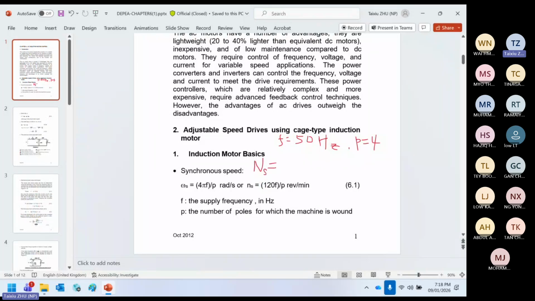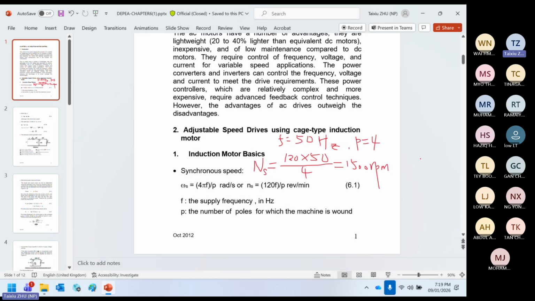We just substitute in here: 120 times the frequency 50 hertz, then divided by the number of poles. Quickly press your calculator. Now you get 1,500 RPM. That's the synchronous speed. It's quite easy to find the synchronous speed, right?